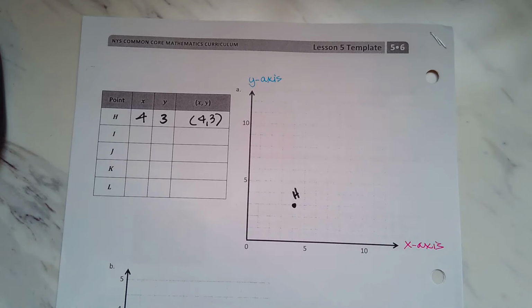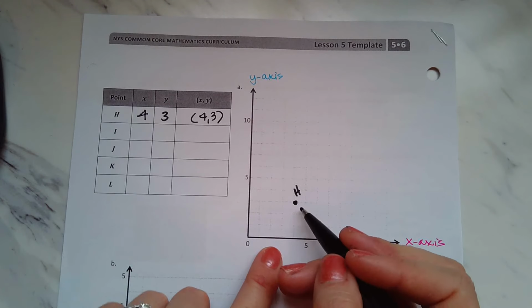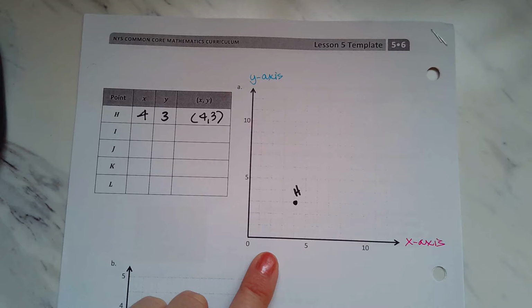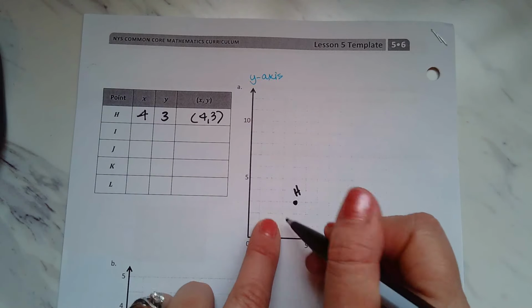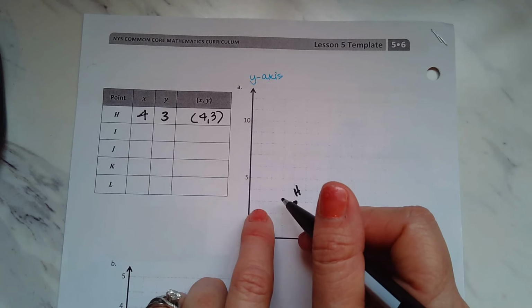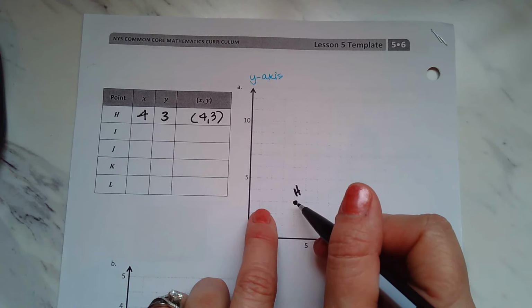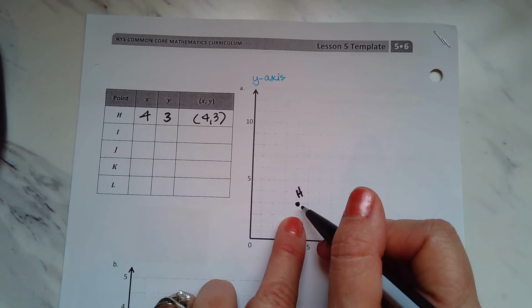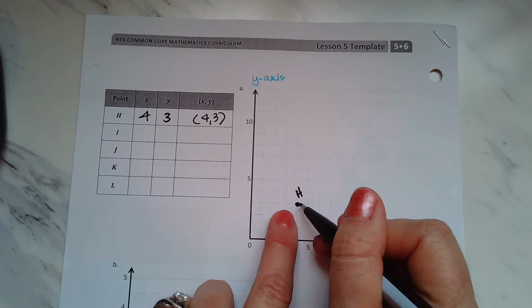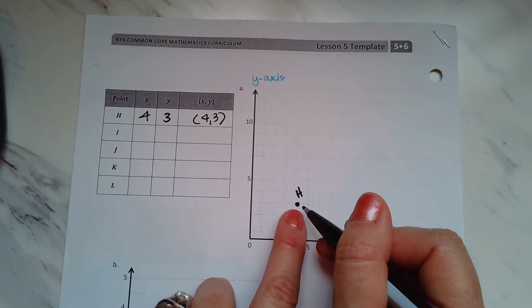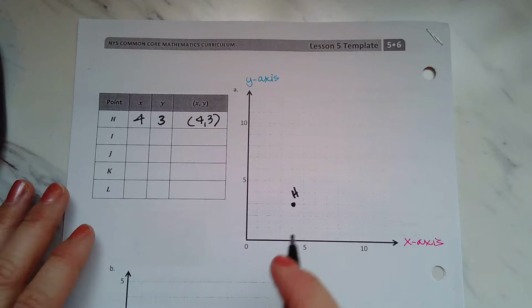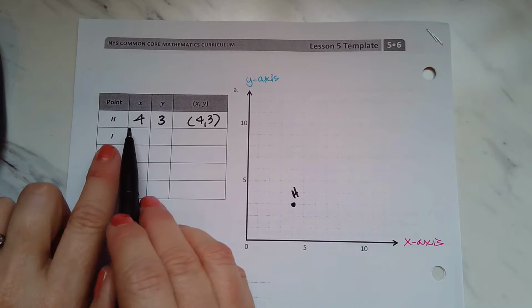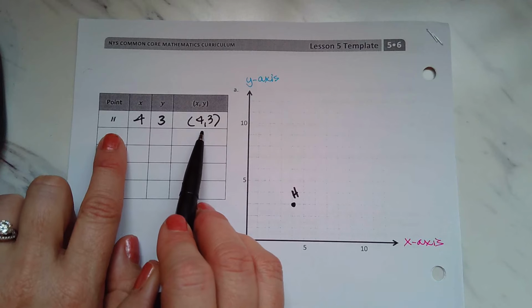So if I say I'm going to plot this point H, which is 3 units away from the x-axis, but 4 units from the y-axis. So 3 units from here, 4 units from here. So that is my point H. So it's really 4, 3, and that's what my coordinate pair looks like.